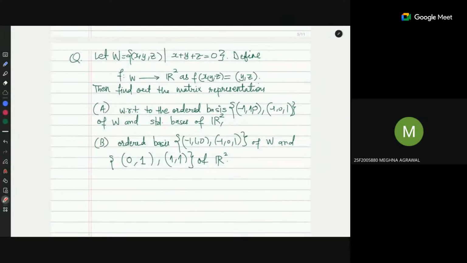For a subspace, we have to check just two things. One is that it should obey the addition and scalar multiplication. So does it obey this, and why does it obey if it does?